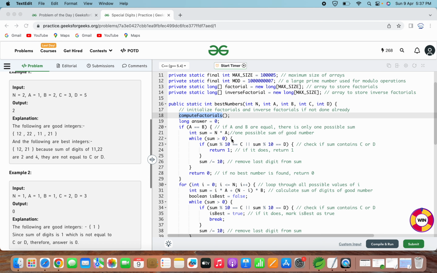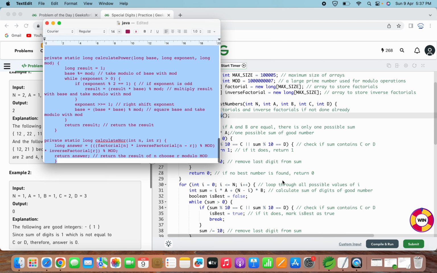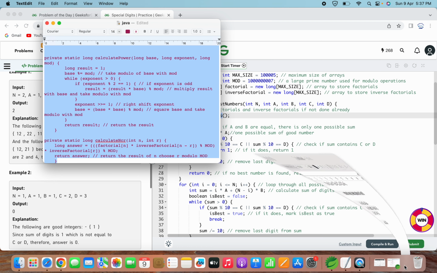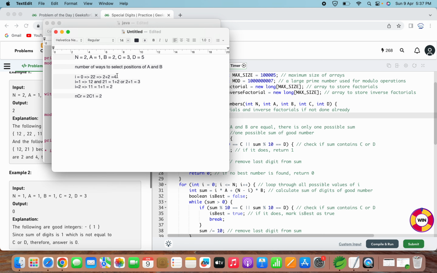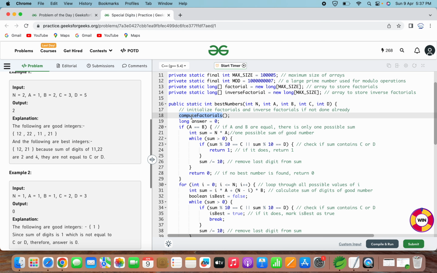So this solution is directly computing this part. It is doing this calculation, and we are directly checking whether the sum contains that value or not. If both numbers are the same, we can directly multiply the length of that number with that number, and that will become the sum.